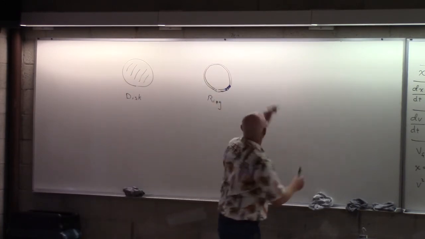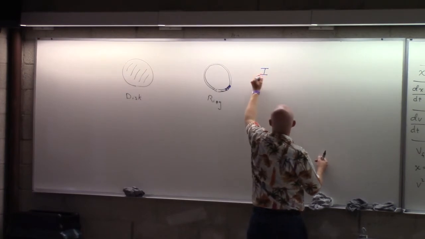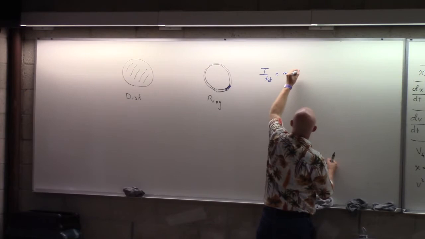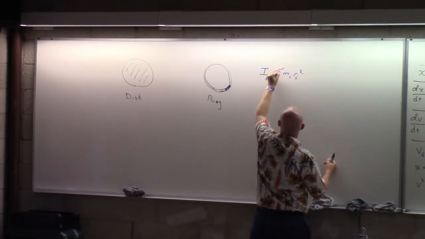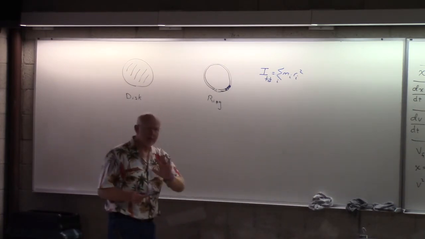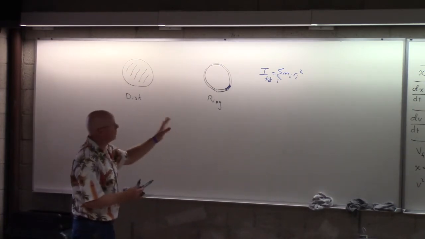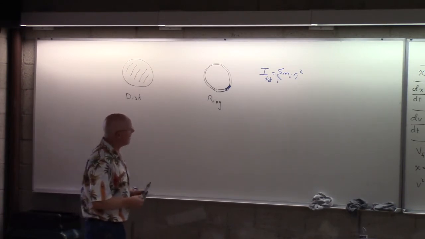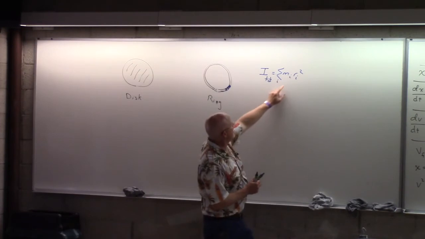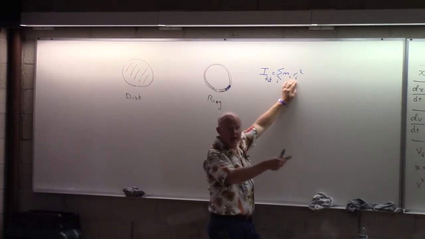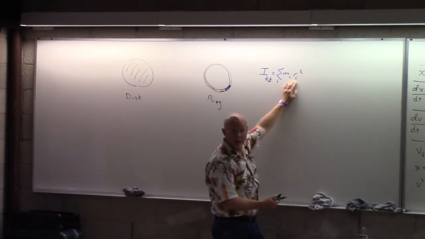And that equation I just erased said, okay, the total inertia of this thing would be to add up all the pieces. Now, again, let me not go through the calculation, although this one would be fairly easy, so it wouldn't take us long. But I do want you to see that every little piece of mass would be at the maximum radius of the ring.